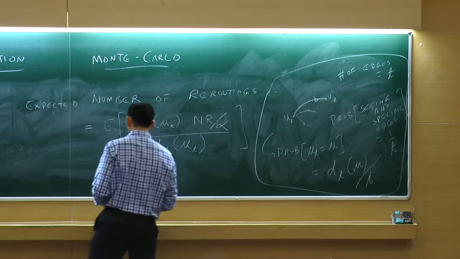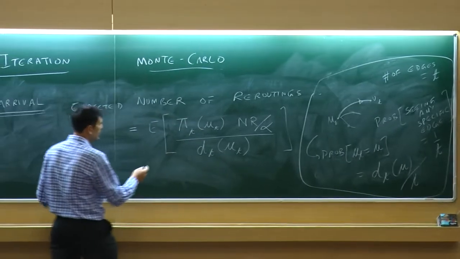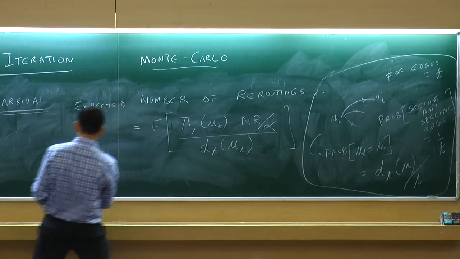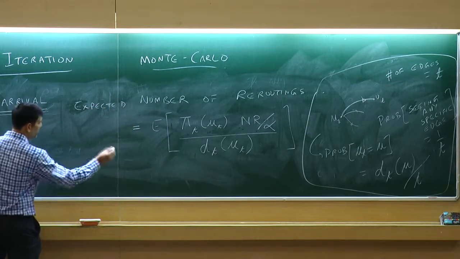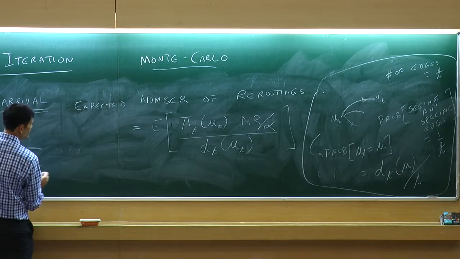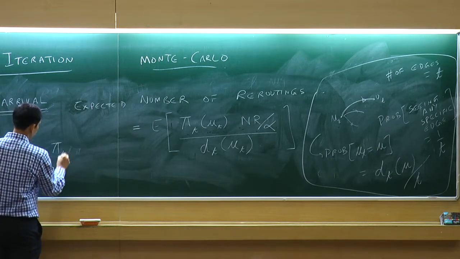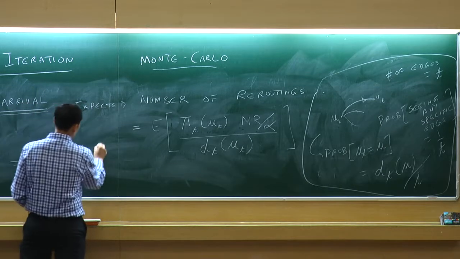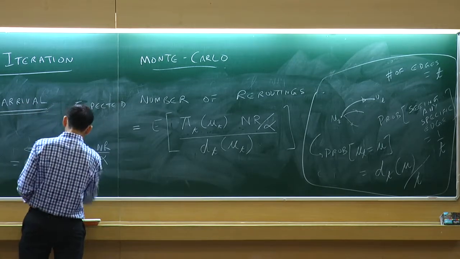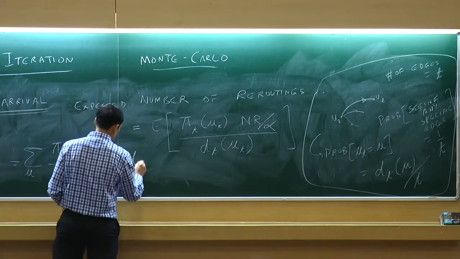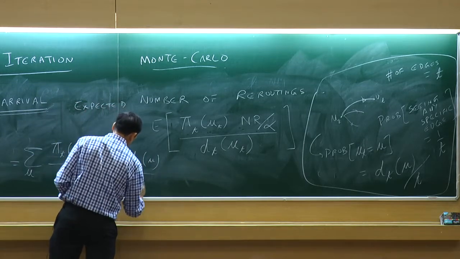The degree cancels out, and I have to sum this over all u. So this probability is equal to the summation over all u of pi t u times nr over alpha times dtu times dtu over t.